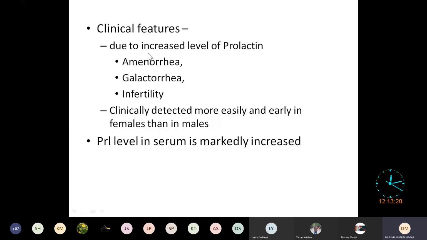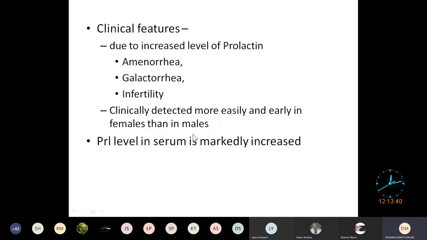Because of these two clinical features, females are diagnosed earlier than males. In males, galactorrhea may not occur, or it may occur in the late phase, and with only infertility, it is very difficult to diagnose prolactinoma in males.